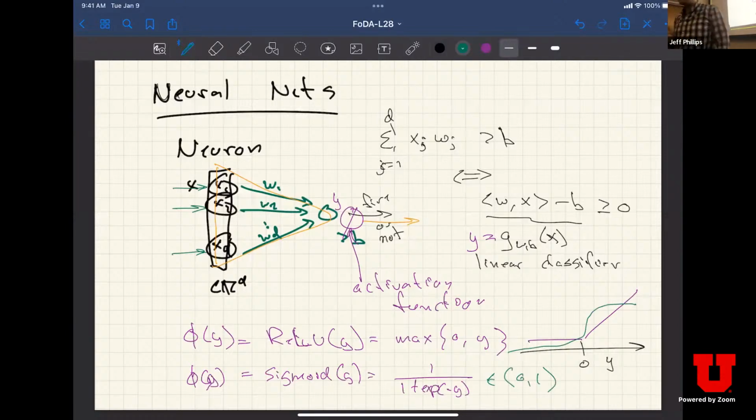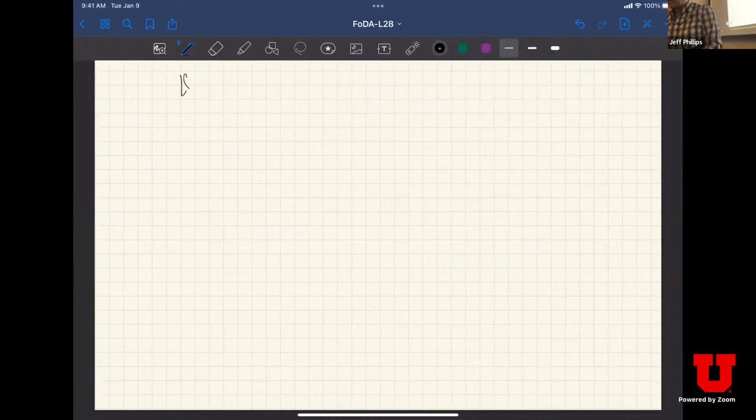Okay, so now what is a neural network? It's going to take these neurons plus activation functions, and then I'm going to chain all these things together in some sort of structure, a network.